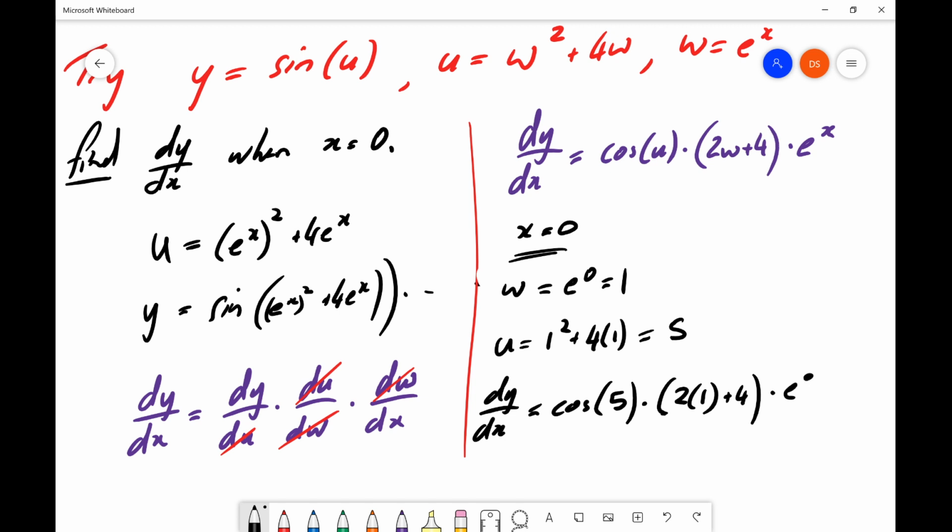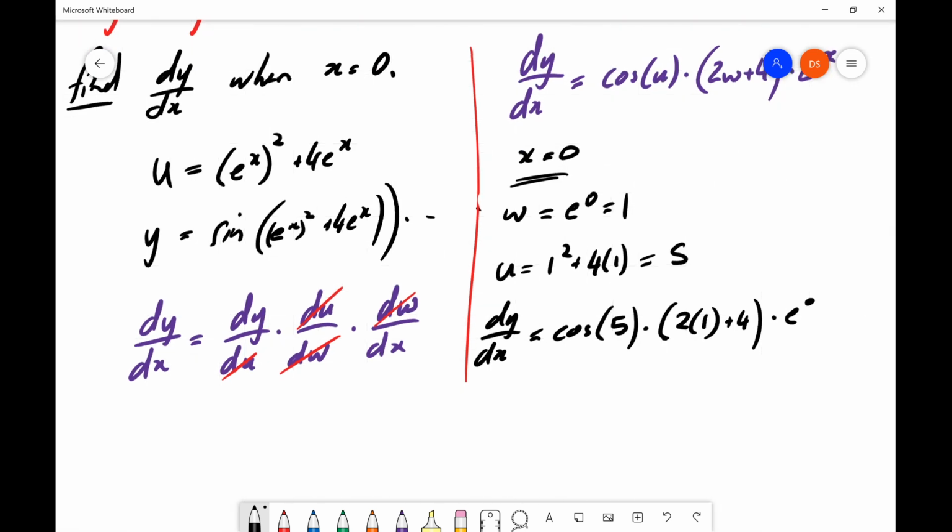Let's figure out what this is. Cos 5. 2 times 1 is 2, plus 4 is 6, and then e to the 0 is 1. And so I've got 6 cosine 5 as my answer.